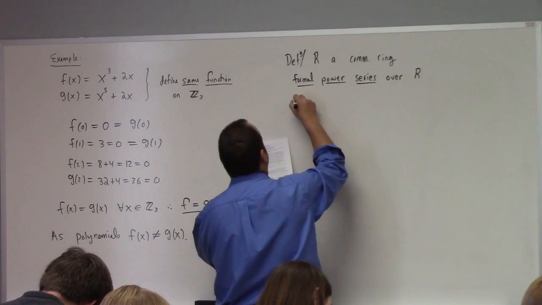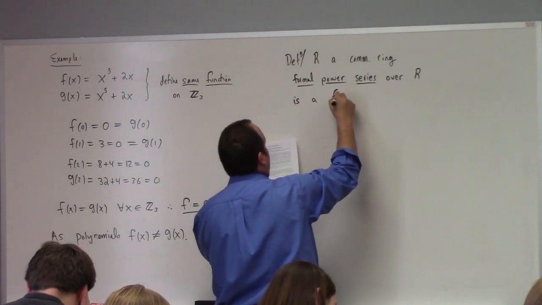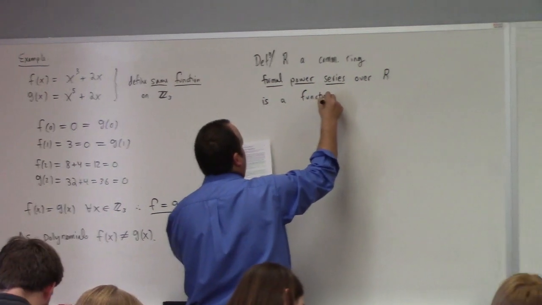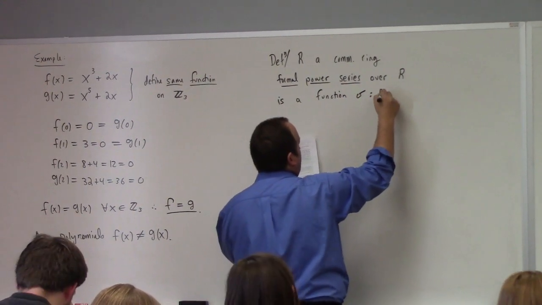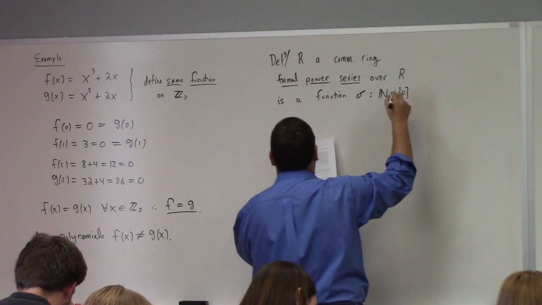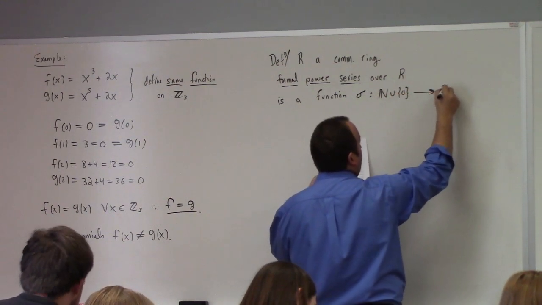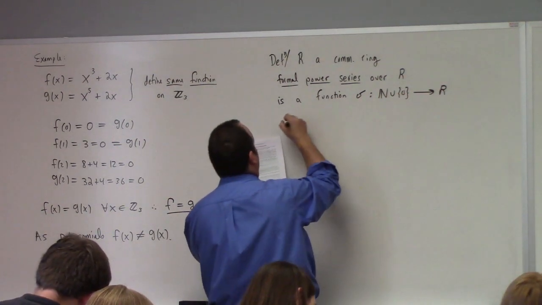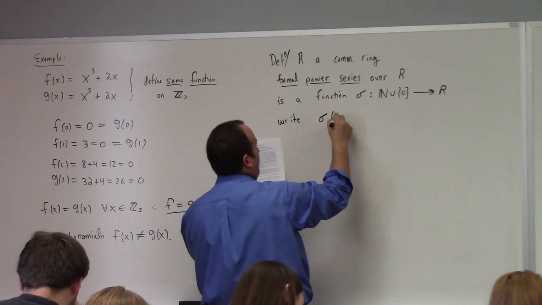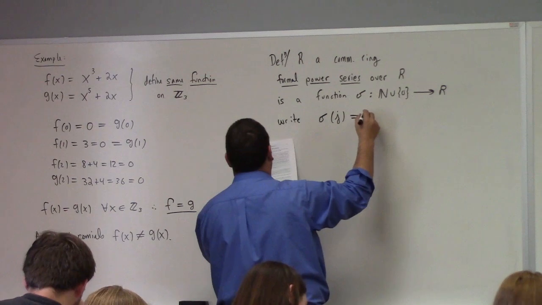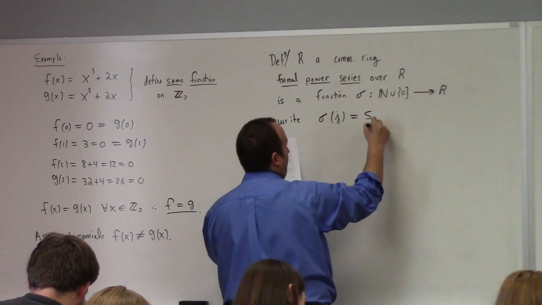is a function. You're like, what? You just got done telling me it's not functions. Is a function, sigma, from the natural numbers unioned with 0 to the ring. And so we write sigma of j equal to s sub j typically.